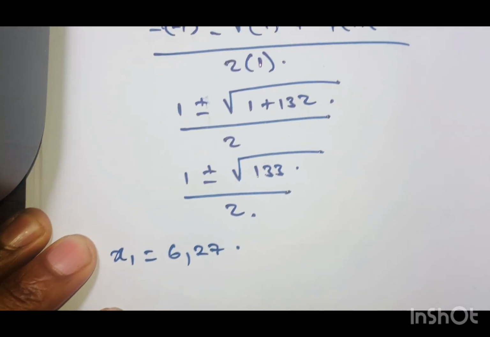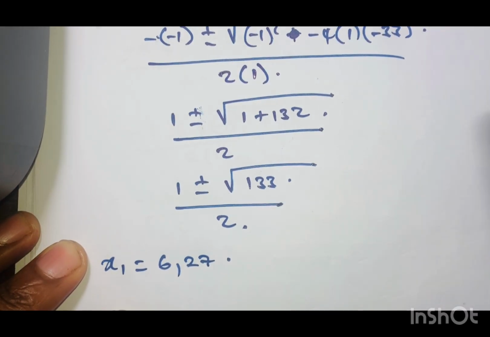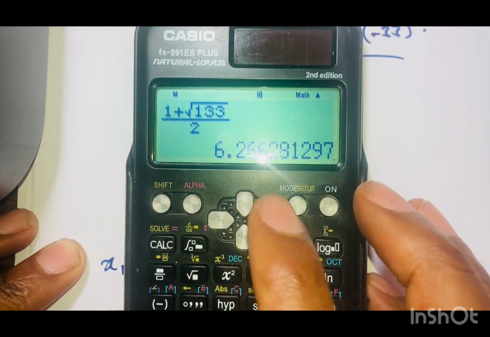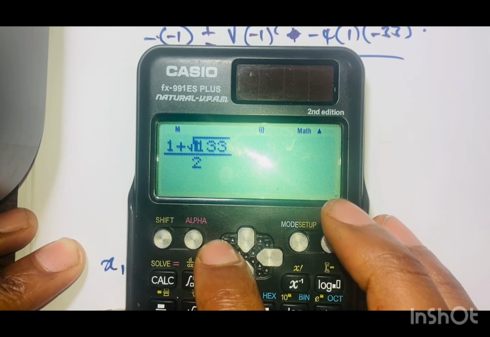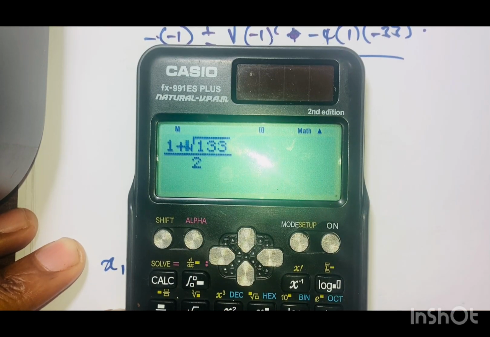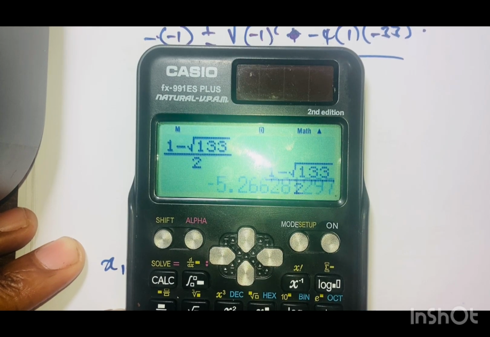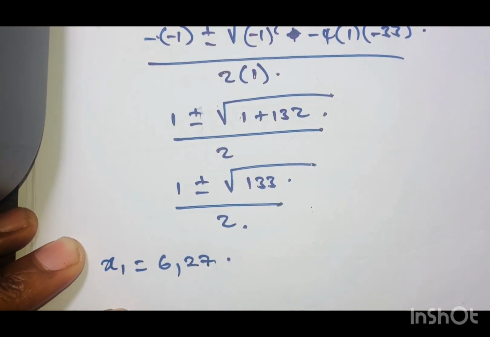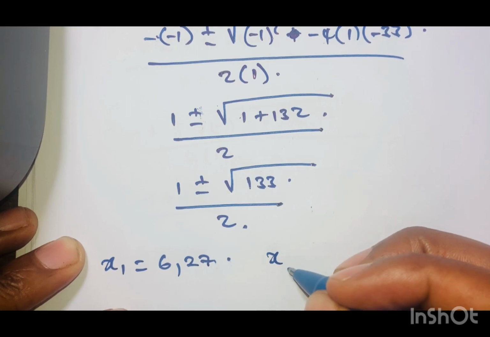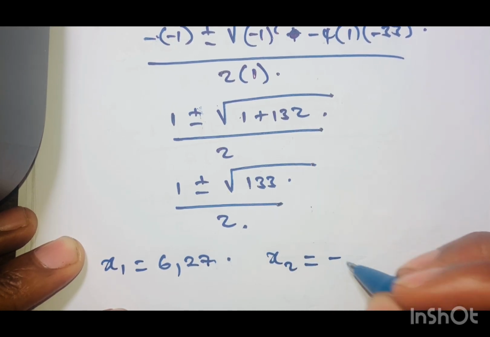That's the first value of x. Then where there was a plus on my calculator, I'm just going to put a negative. I'll get negative 5.27. So x2 is equivalent to negative 5.27.